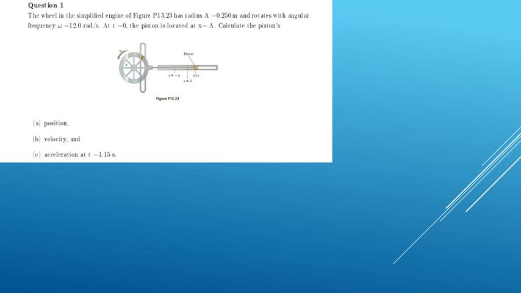The question says the wheel in the simplified engine of figure 13.23 has radius A equal to 0.250 meters and rotates with angular frequency omega equal to 12 radians per second at t equal to 0. The piston is located at x equal to A. Now we are asked to calculate the piston's position, velocity, and acceleration.